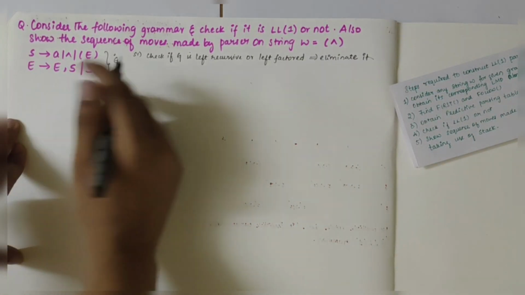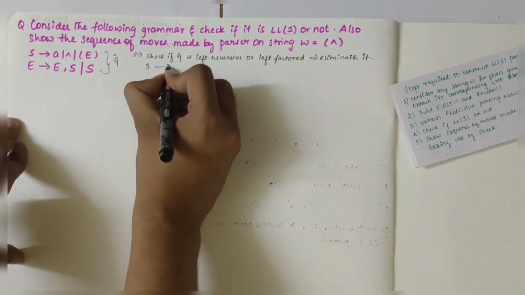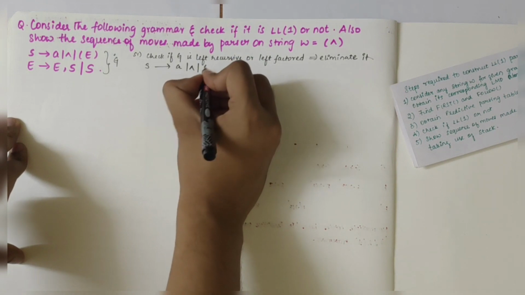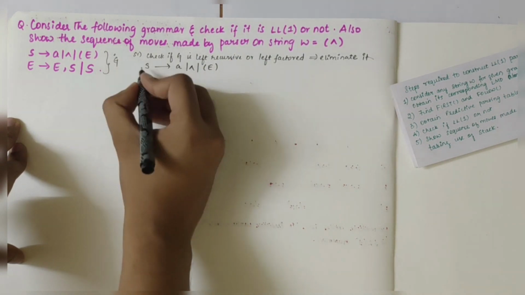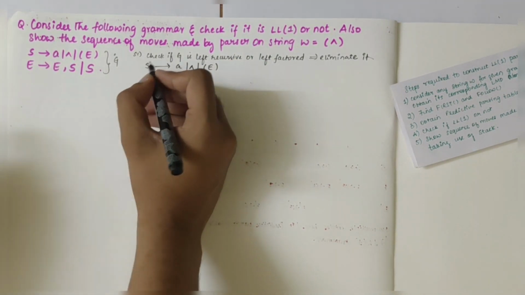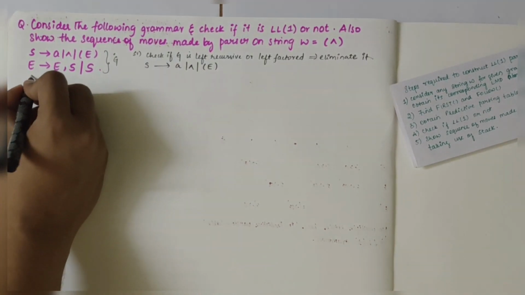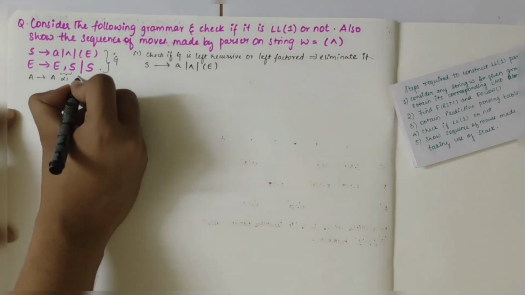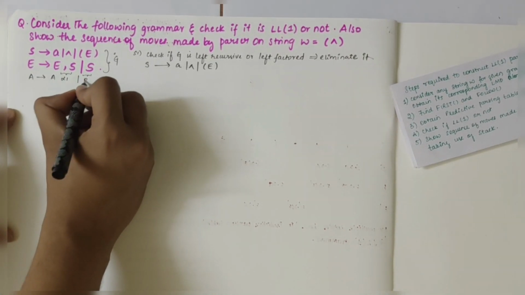If you look at the first equation, there's neither left recursion nor left factoring here. But in the second equation, you can see that it is of the form A derives A alpha, this entire thing let's take as alpha 1 and this as beta 1.